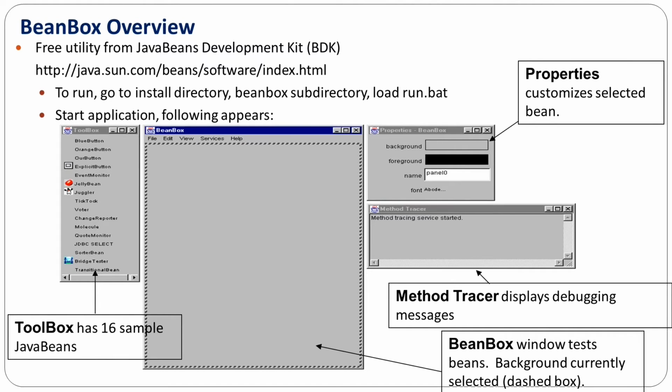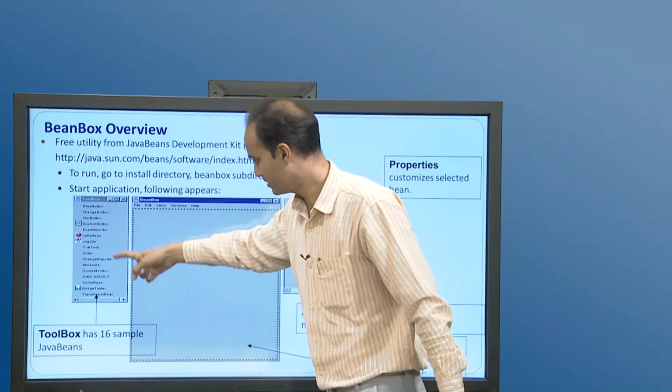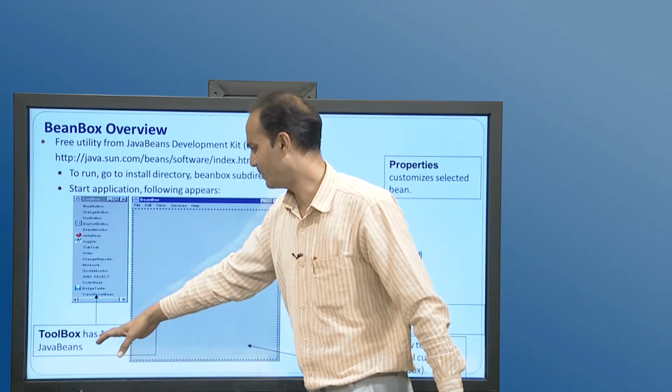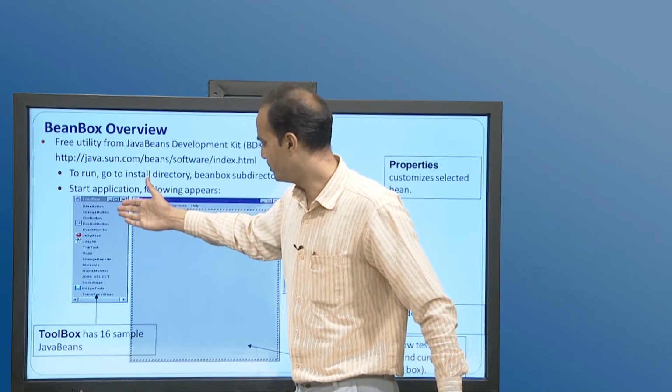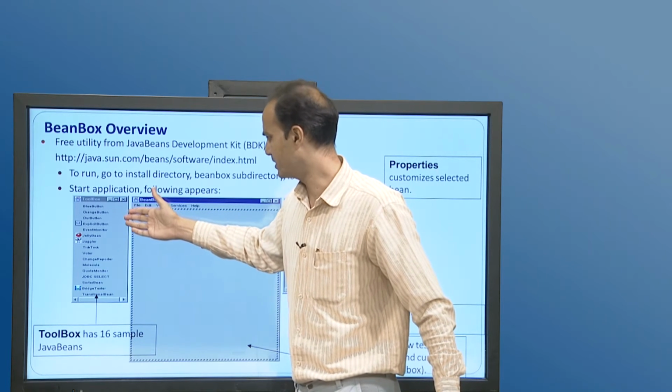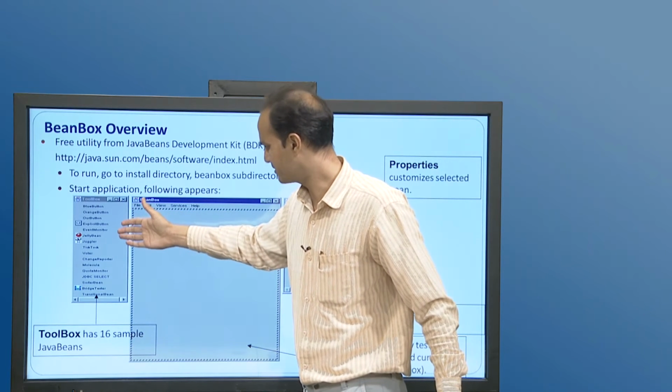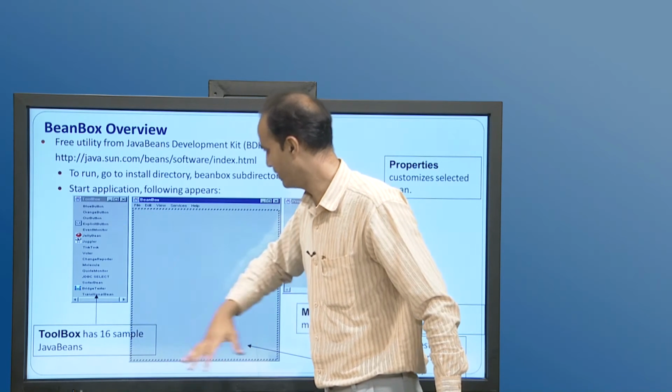The BDK is a Bean Development Kit, which is the same as the JDK, but for beans. It has visuals and a developer tool, GUI kind of things. See here what the BeanBox contains. The ToolBox has 16 sample beans, control components like blue button, orange button, hover button, explicit button, jelly beans, jugglers, tic tac, and the list goes on.